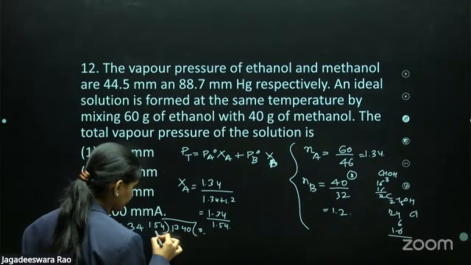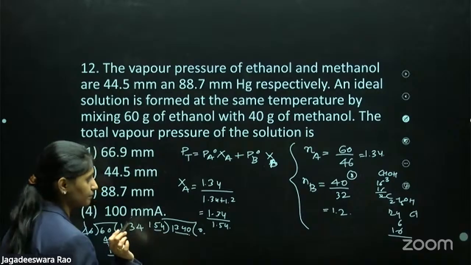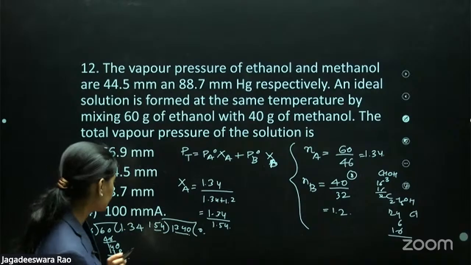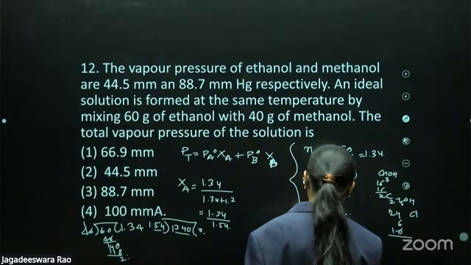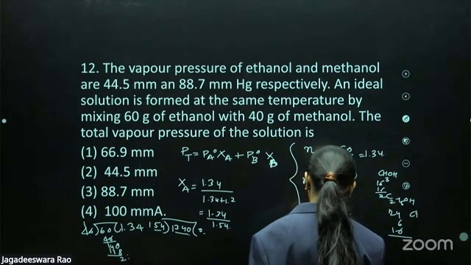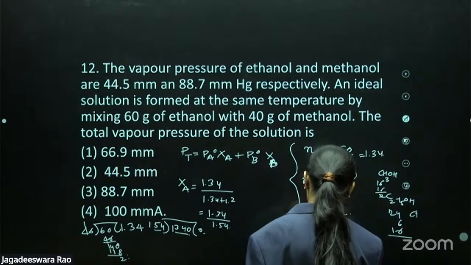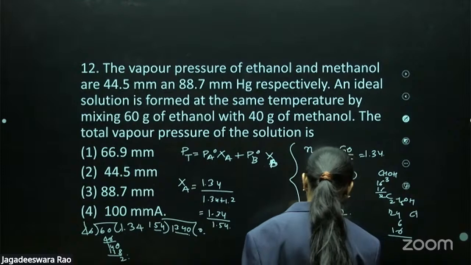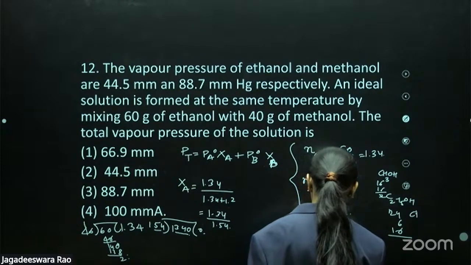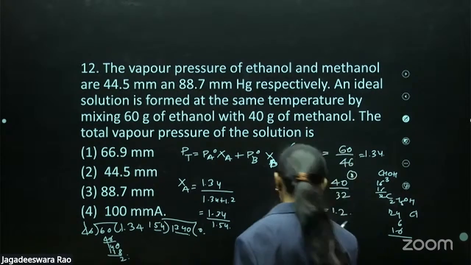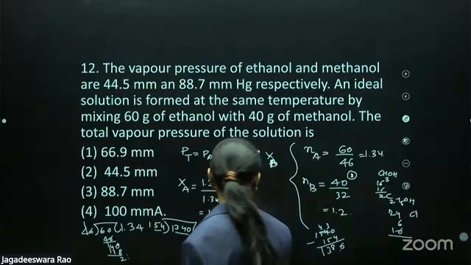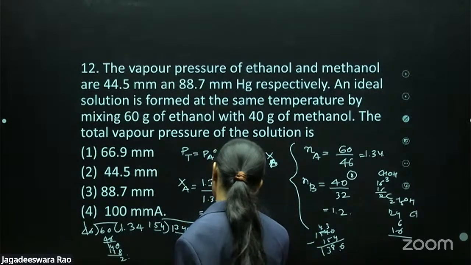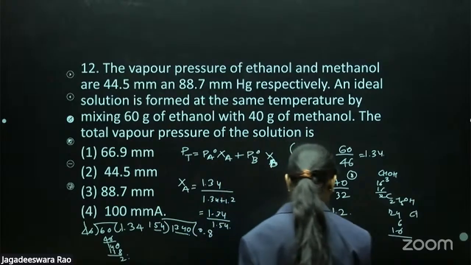Then 254 into 5, we'll try 5s. 1340 minus 1270 leaves 70. Then it will be 5s.